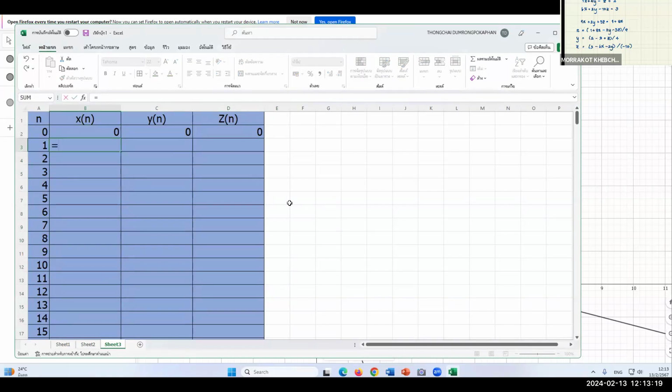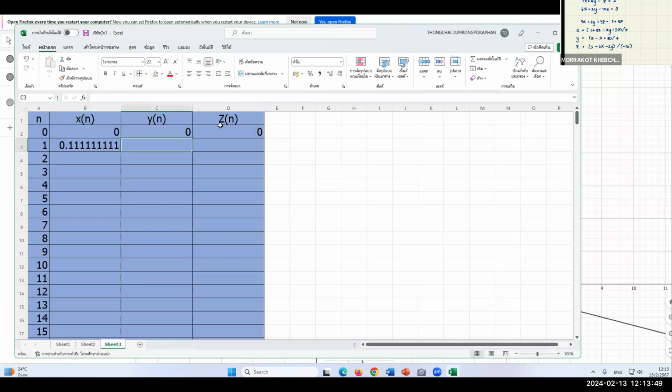So if it's Jacobi, let's see, okay? This one is 1 plus 8 times x, x is here, minus 2 times y minus 5 times z, the whole thing divided by 9.